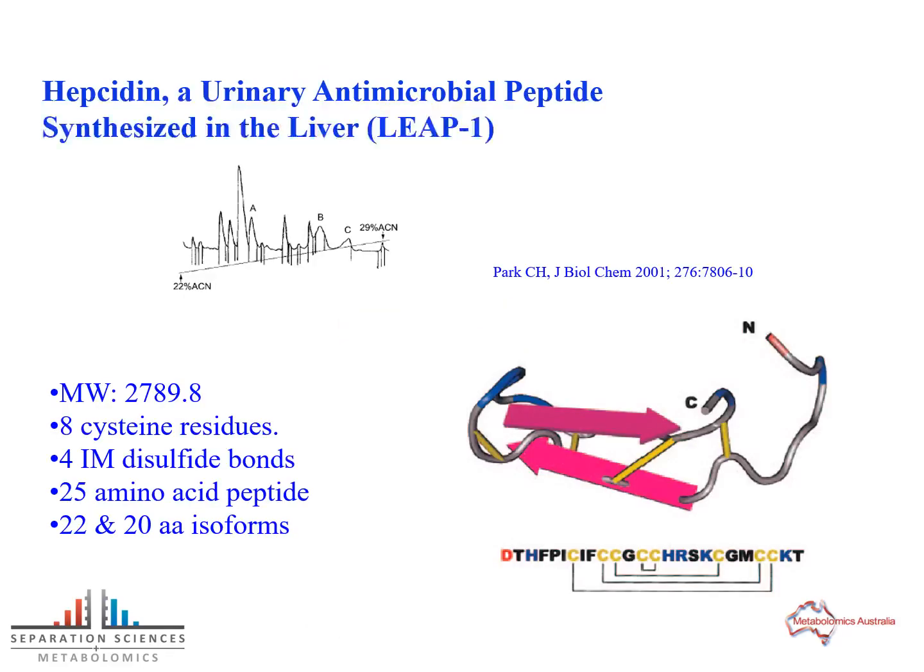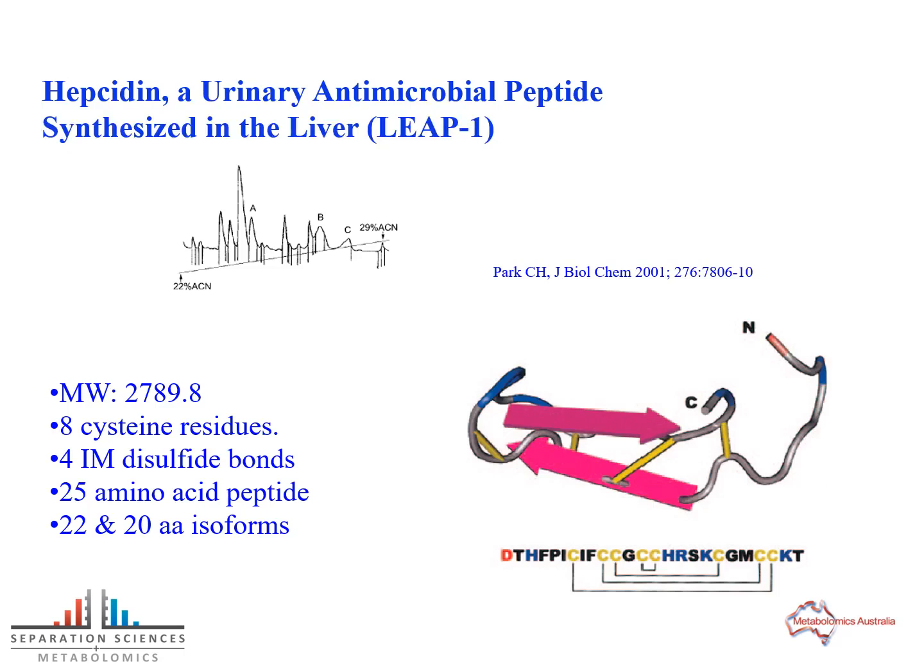If we look at the structure of hepcidin and a little bit about the history, researchers back in 1998, 1999 were looking for cysteine-rich peptides, because other cysteine-rich peptides had shown antimicrobial activity, and so they were looking for new antimicrobial peptides.